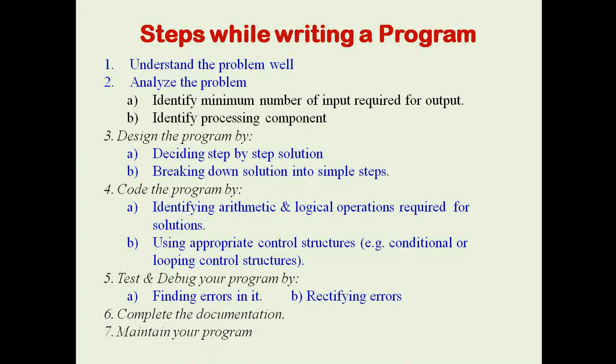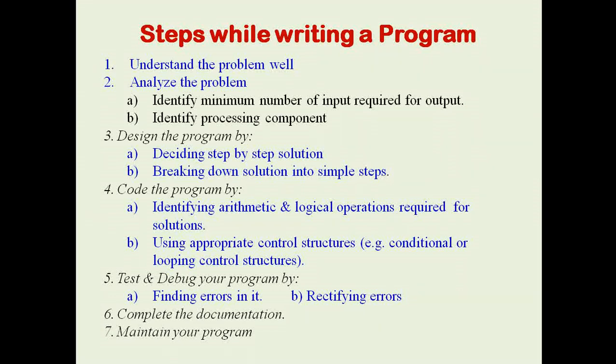The next one is called code the program. Code the program means identifying the arithmetic and logical operations required for the solution. How we will perform various arithmetic and logical operations using a particular programming language is part of coding. Using appropriate control structures, that is for example conditional or looping control structures.